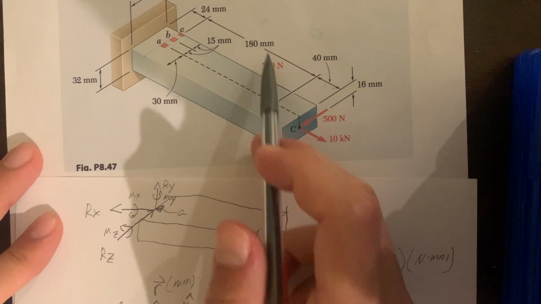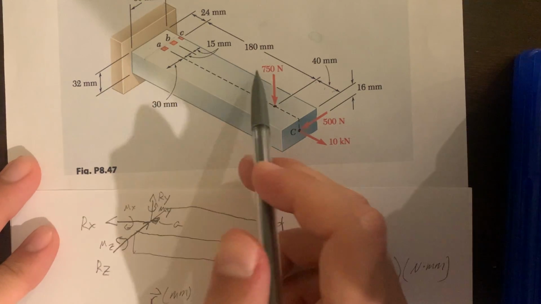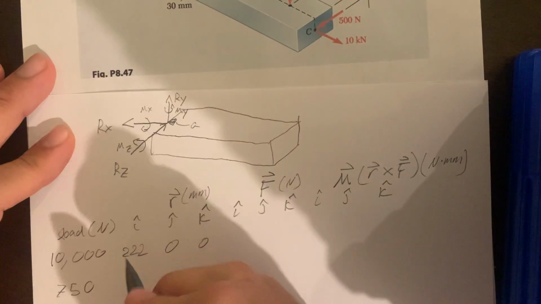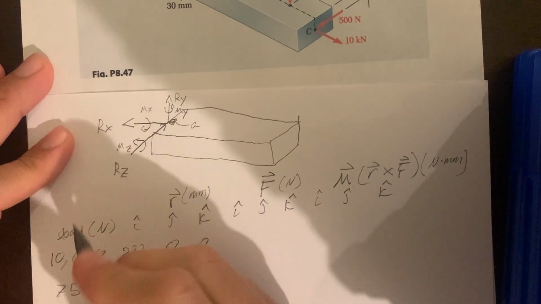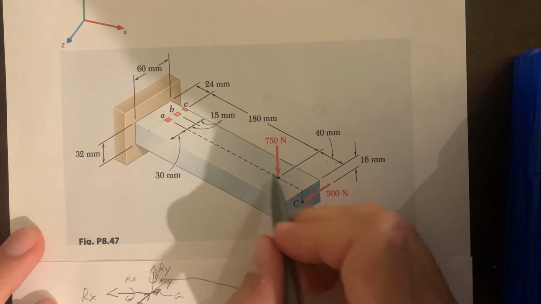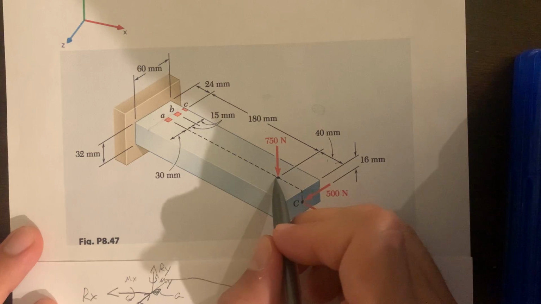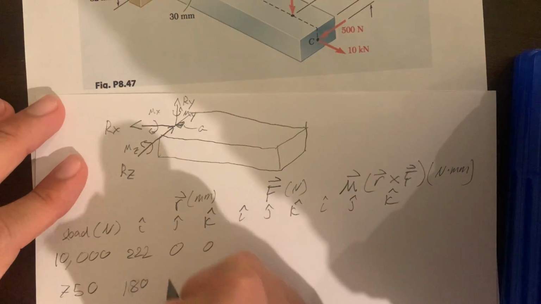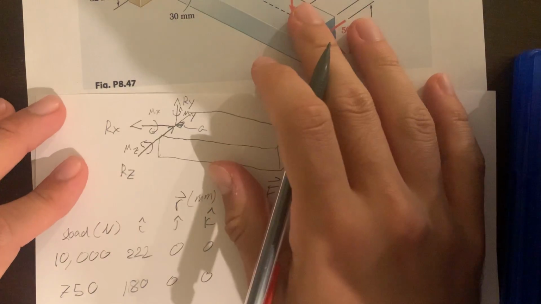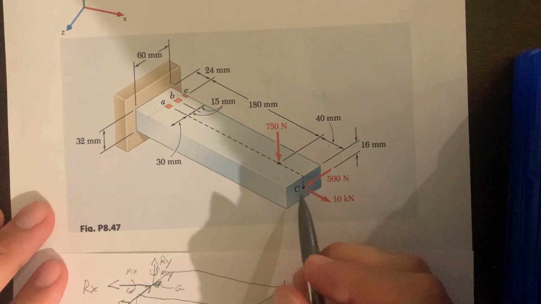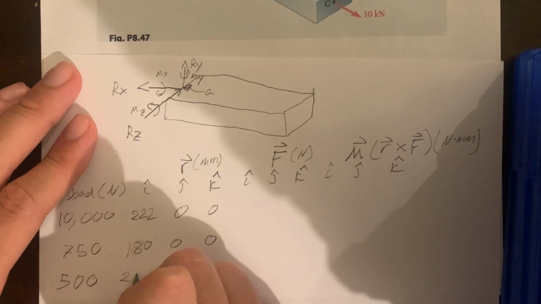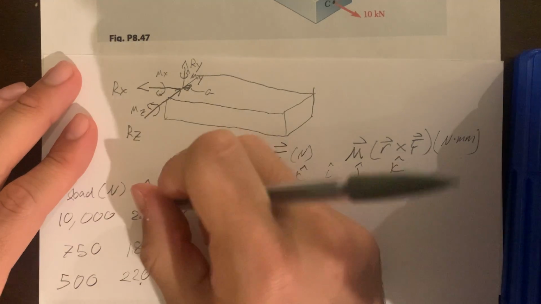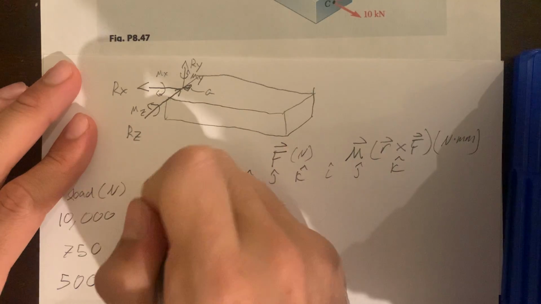We can just see it's 180 millimeters away. It'll be right on the line, so that would be 0. That would be 180, and that's again because you need to move 180 millimeters in the X direction to get over here. And then 0, 0. And then the last force, 500, is going to be the same at 220. Oh, did I write 222? Sorry about that. It's 220.